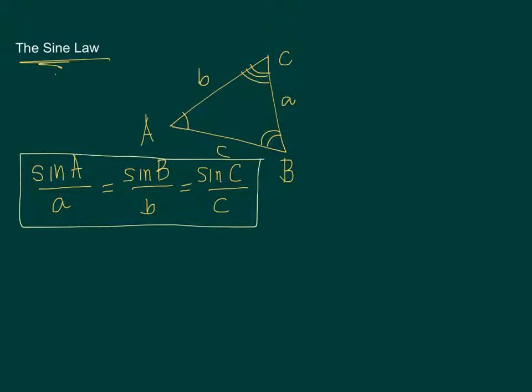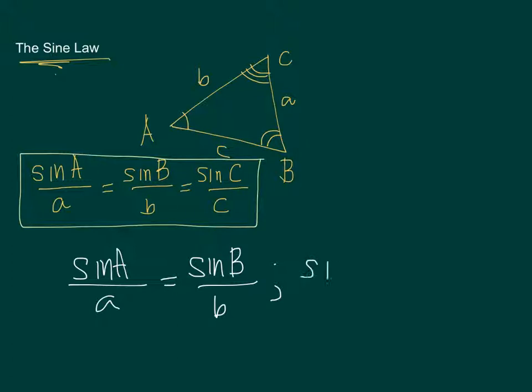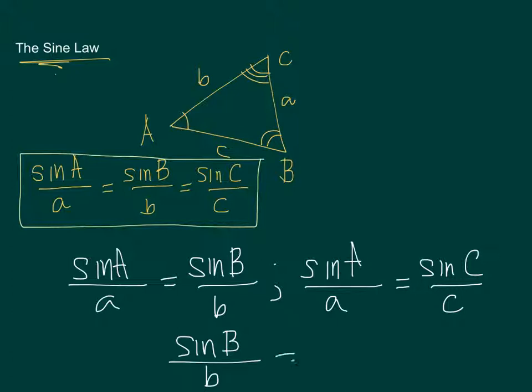I can say that sine A over A is equal to sine B over B, if I just want to relate the sides A and B with the angles capital A and capital B. In the same way, I could also say that sine A over A is equal to sine C over C whenever I want to relate the angles and the sides for A and C. And lastly, I can also create the equation through B and C, that sine B over B is equal to sine C over C. So these are the relationships of the angles and the sides.